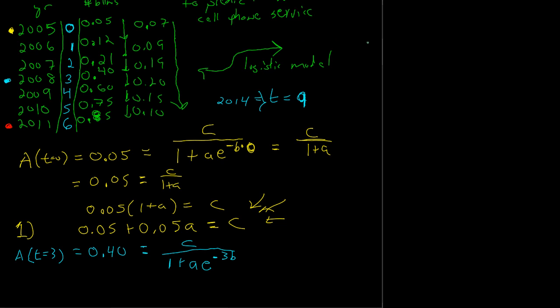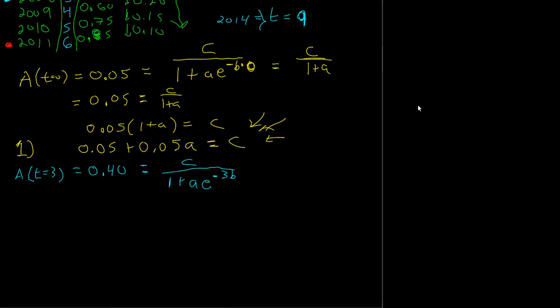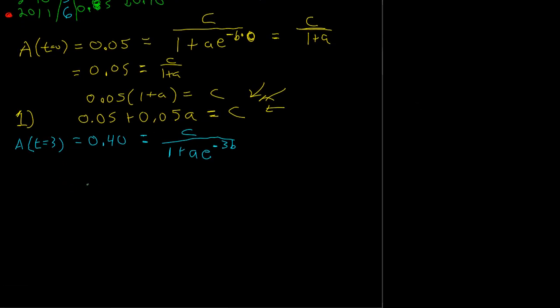I'm going to cross multiply again. So I get 0.40 times 1 plus A e to the negative 3b equals C. And I want to distribute this: 0.40 plus 0.40 A e to the negative 3b equals C. And this is equation 2.